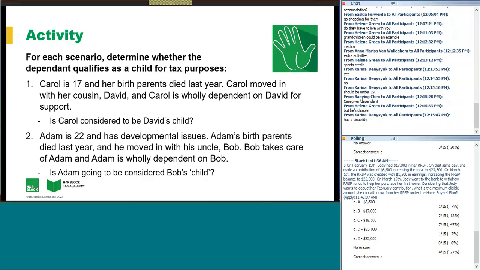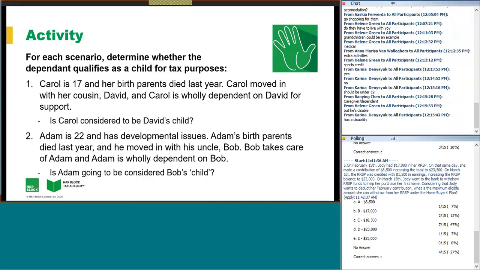Okay. So later on in today's class, we'll look at a scenario where nephew and uncle matters as compared to parent and child. What if Adam moved in with Bob the day before his birthday?